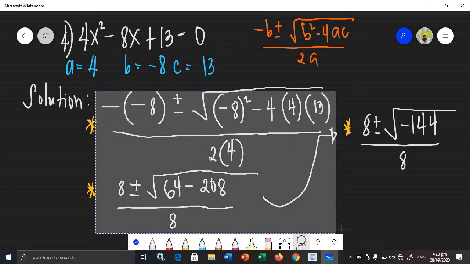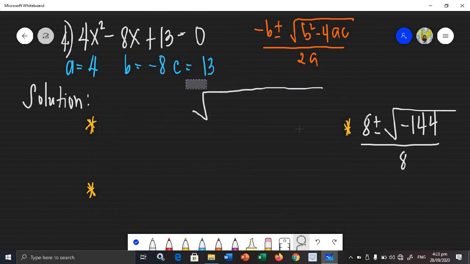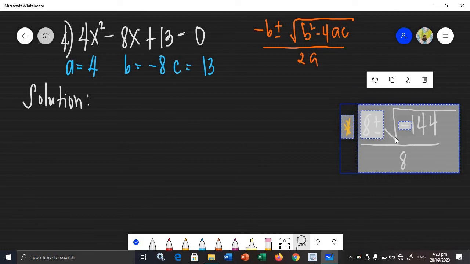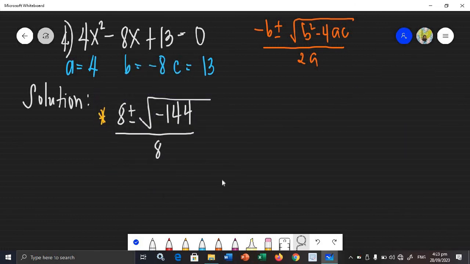So observing your solution, napansin nyo, mayroong kayong nakitang ibang bagay. So ma'am, paano po kukuha ng square root ng negative numbers? But first of all, pag ba we are getting the square root of negative numbers, real number ba yun?